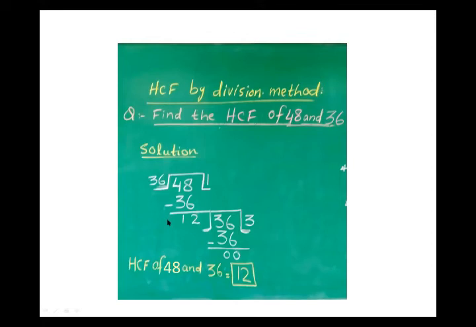So for the next divisor you pick the remainder 12, and pick 36 as the dividend. Now 12 into 3 is equal to 36. Here 12 divides 36 completely, so there is no remainder. That's why 12 is called the HCF of 48 and 36.